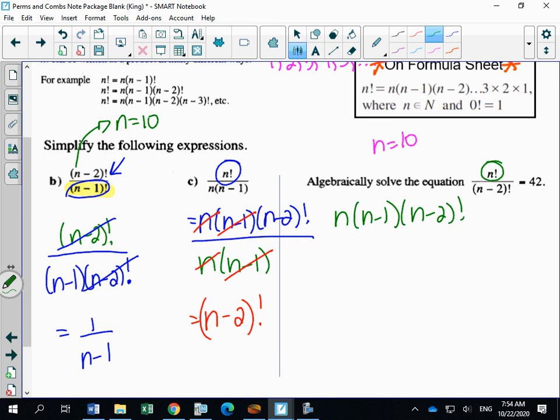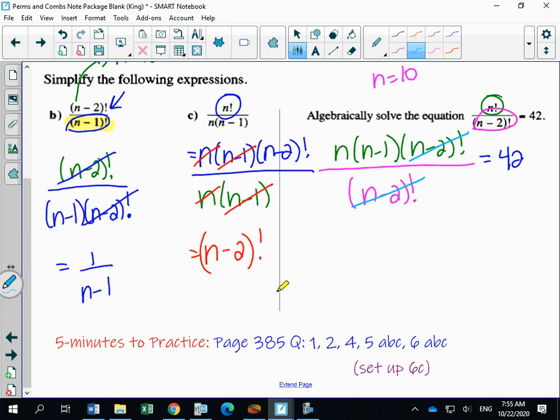And I stop, because in the denominator we have n minus 2 factorial. They said this was equal to 42. So n minus 2 factorial over n minus 2 factorial cancel out, and what I have now is n times n minus 1 is equal to 42.